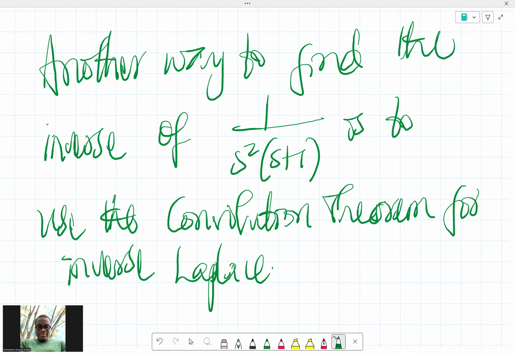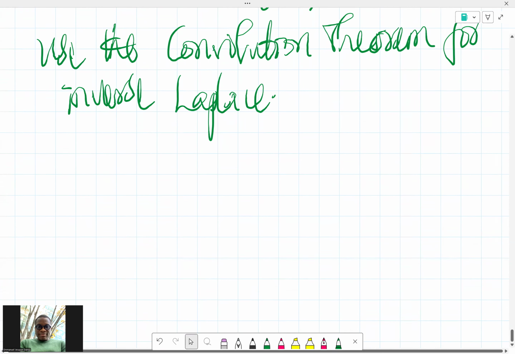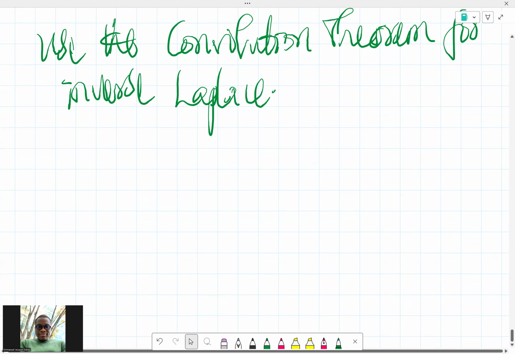That was exactly what we did for the convolution the other time. So that's like a second method, right?